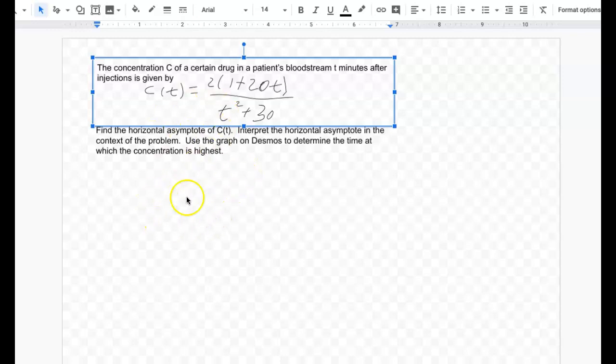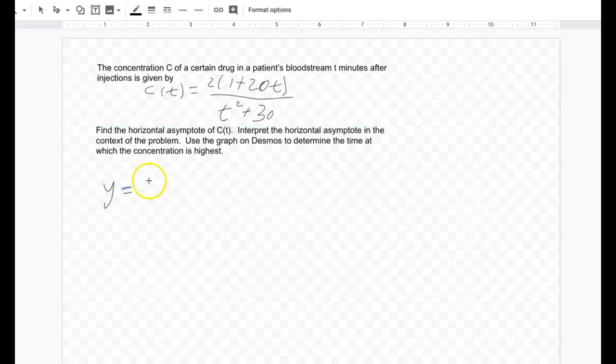Alright, so when we look at our function, we have a linear expression in the numerator and a quadratic in the denominator. And so when you take the ratio of leading terms, y equals, it'll end up being 40t divided by t squared, which in the end is 40 over t.